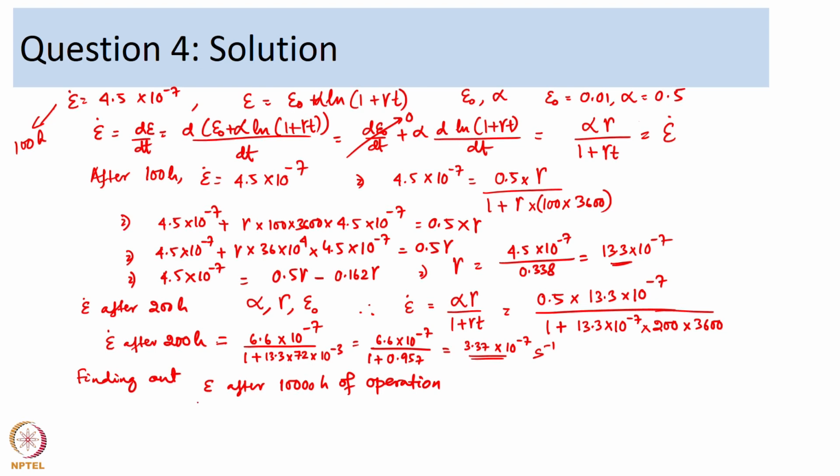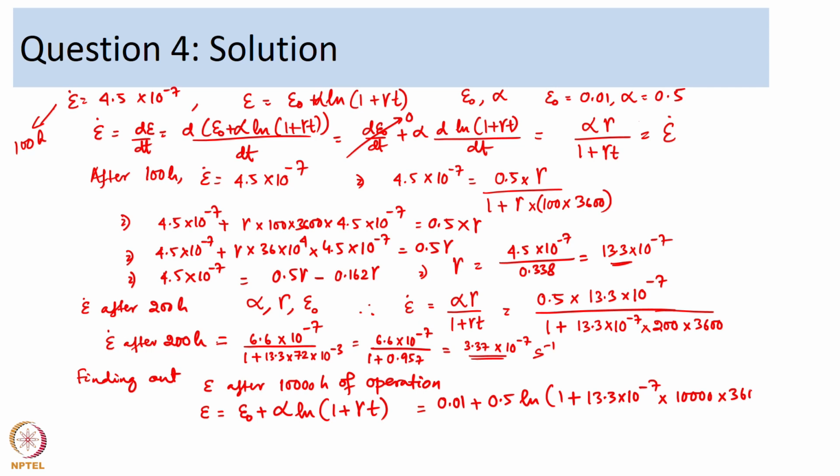All we have to do is input the epsilon naught value, alpha value and then find out ln of 1 plus gamma t. We know epsilon naught is 0.01 and alpha is 0.5, and gamma is 13.3 into 10 to the power minus 7 and time is 10,000 hours, so it is 10,000 into 3600.